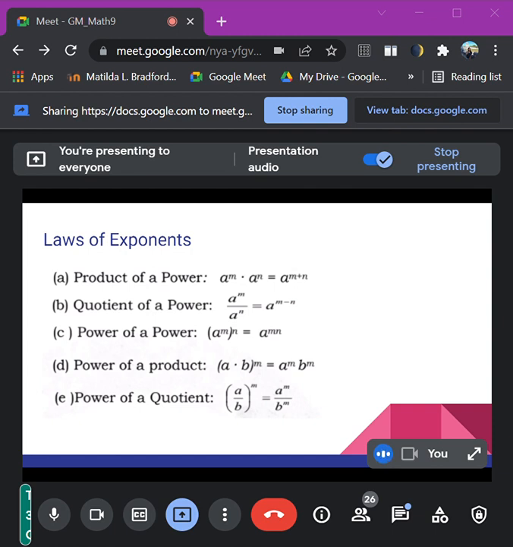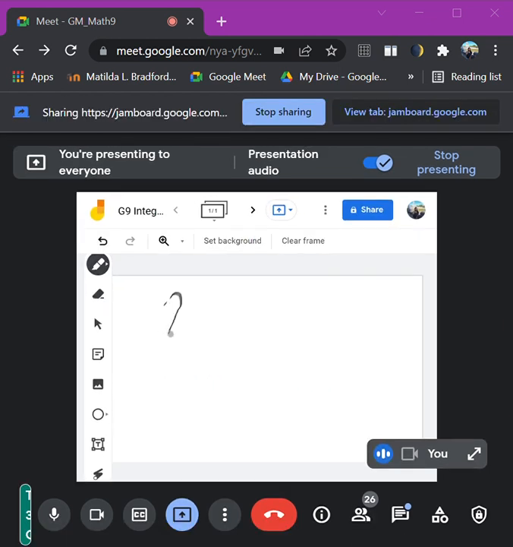Okay? So, for example, you have there this one. 2 raised to 3, and then you divide it by 2 raised to 2. So, what will happen is you copy the base and then subtract the exponents.